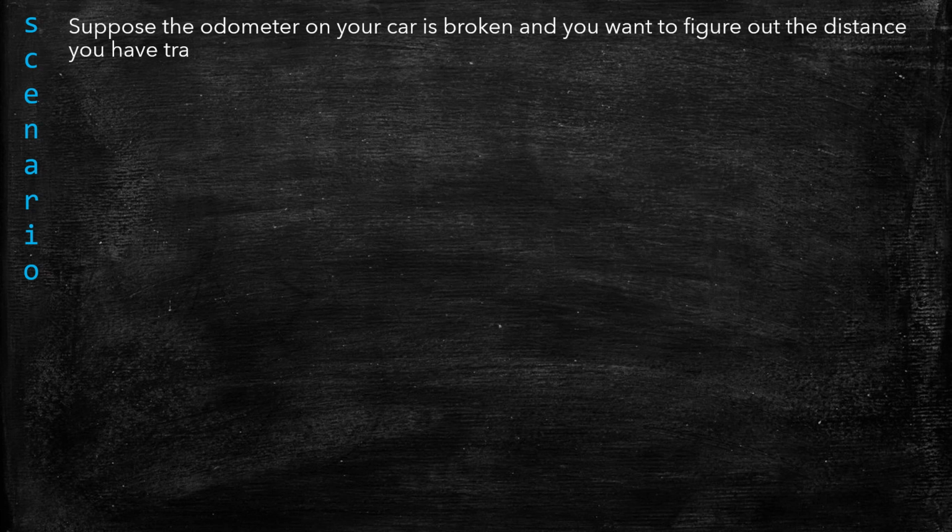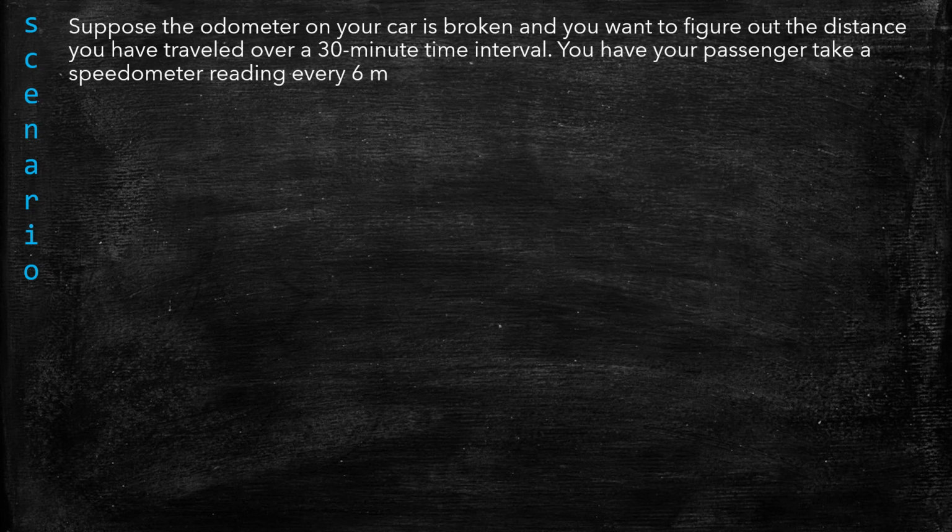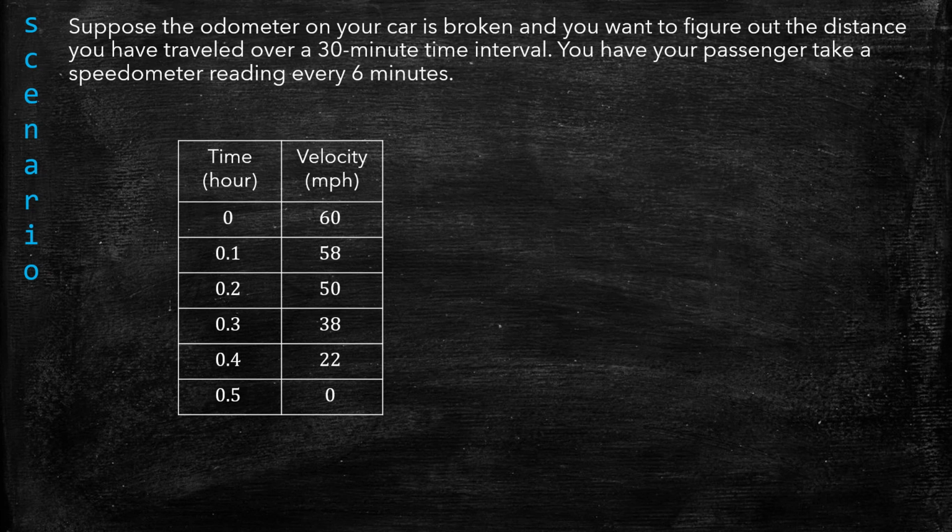Okay, so let's begin our investigations with a scenario. Suppose the odometer on your car is broken and you want to figure out the distance you have traveled over a 30-minute time interval. You have your passenger take a speedometer reading every 6 minutes. So let's pretend you're on the highway, so you're not stopping at traffic lights or anything like that. Here are the results that your passenger recorded.